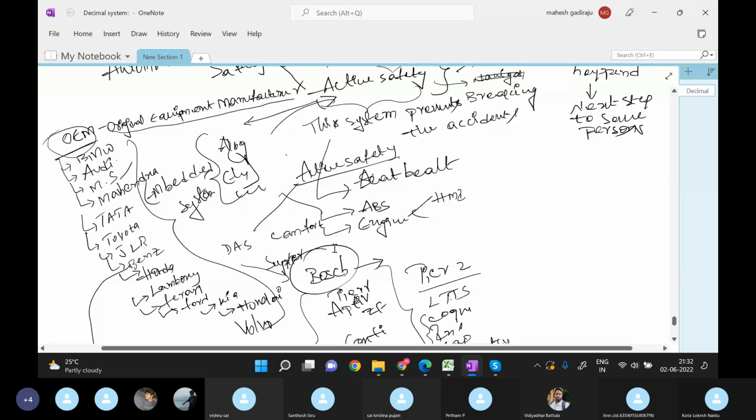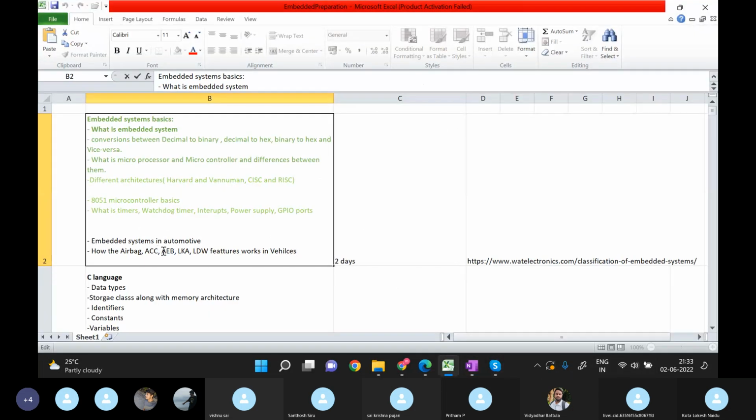Okay, now coming back to my concept, active safety. Apart from ABS, engine, and seat belts, what else will come? Adaptive. I asked all of you to go through the concepts I gave in the Excel sheet. Did anyone see it?